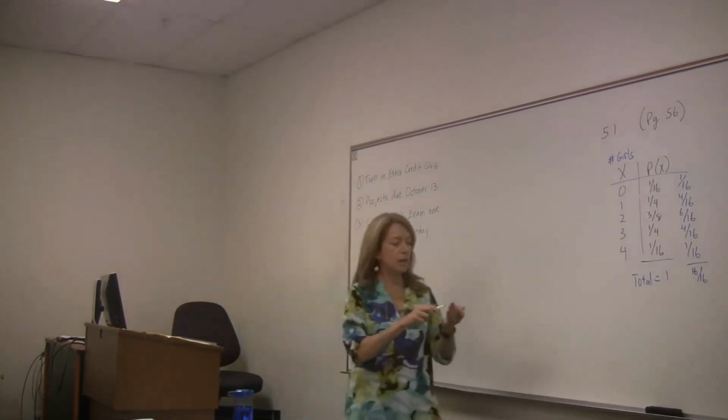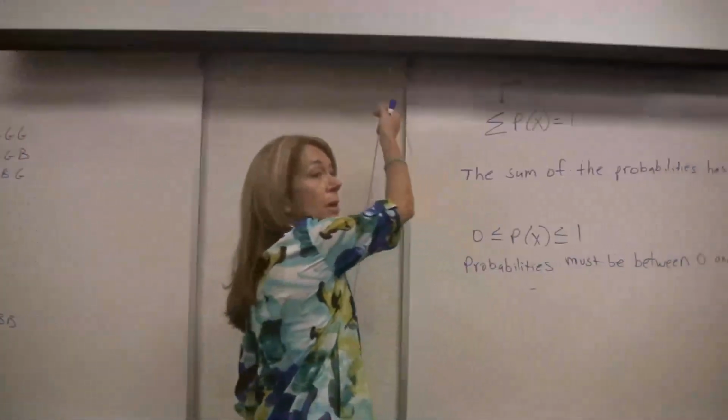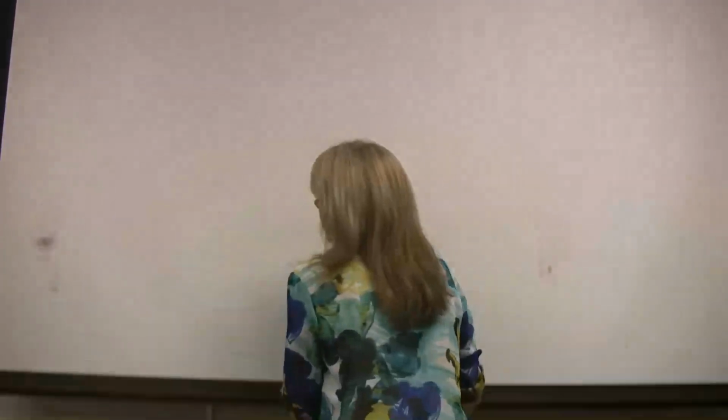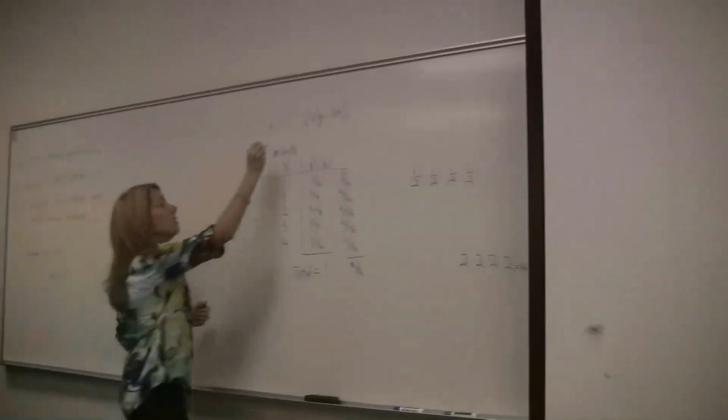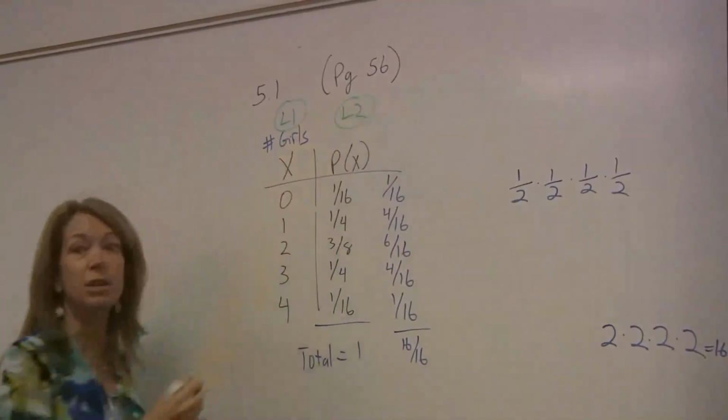Let's jog our memories here. What are we adding? The table that we have here that was given to us, these numbers go into list 1, and the second ones go into list 2. So the x's go into list 1 and the probabilities go into list 2.